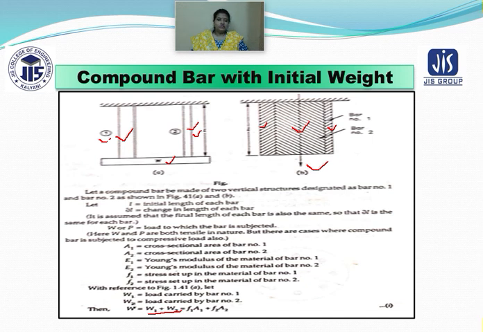Since we are using different materials, the modulus of elasticity for bar 1 is considered as E1, and for bar 2 it is considered as E2. And stress will also be different because both materials have different modulus of elasticity. It has got different weight, different diameter, and different stress involvement too. So for material 1 the stress is considered as F1 or sigma 1, and for 2 it is considered as F2. So you can see the various values given here.